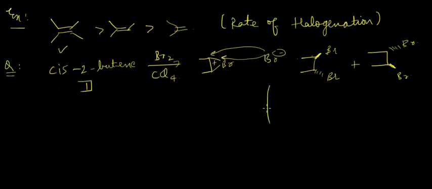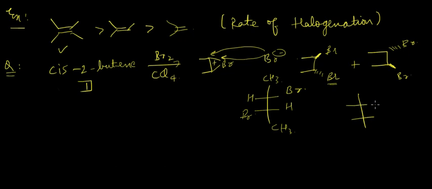Okay, so let me draw the Fischer projection for this. For this thing Br would be here, H would be here, CH3 would be here, and for this thing Br would be here, H and CH3.